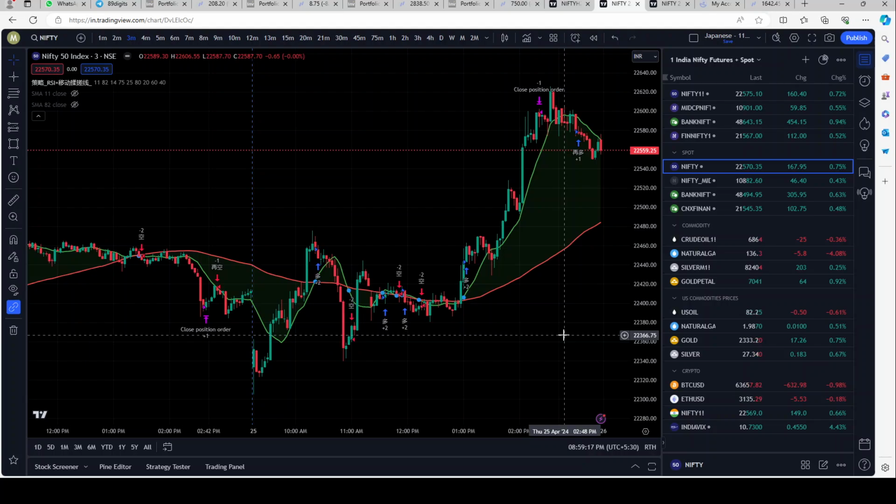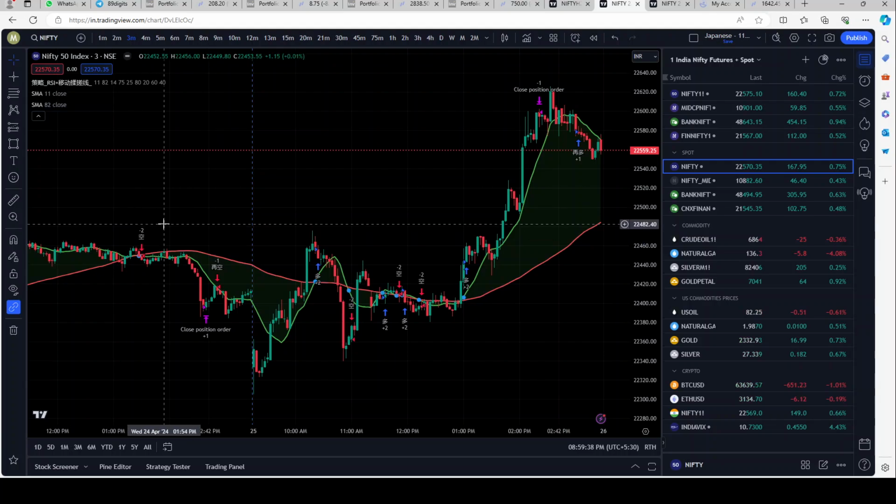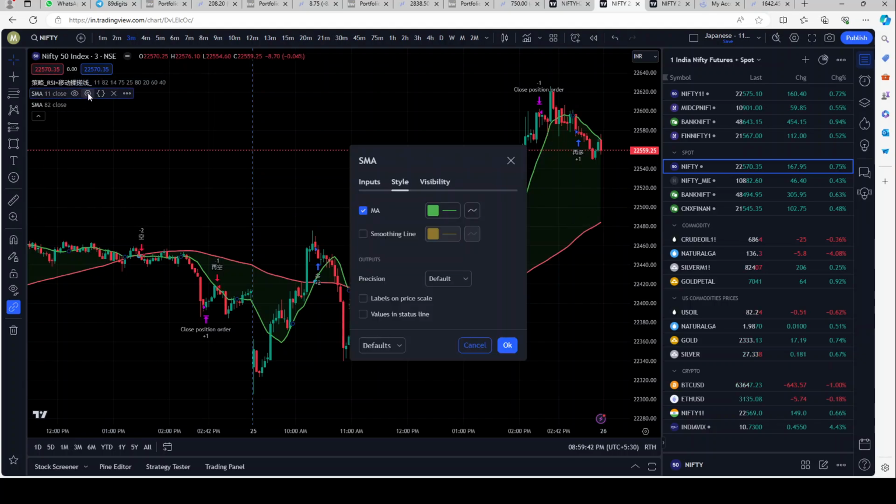What it does basically is it is two moving averages, which is 11 and 82. The green line that you see is simple moving average 11 and the red line that you see is simple moving average 82. Now you see I have unchecked these. If I make them visible, you'll find no change at all, because they are overlaying on the theme.